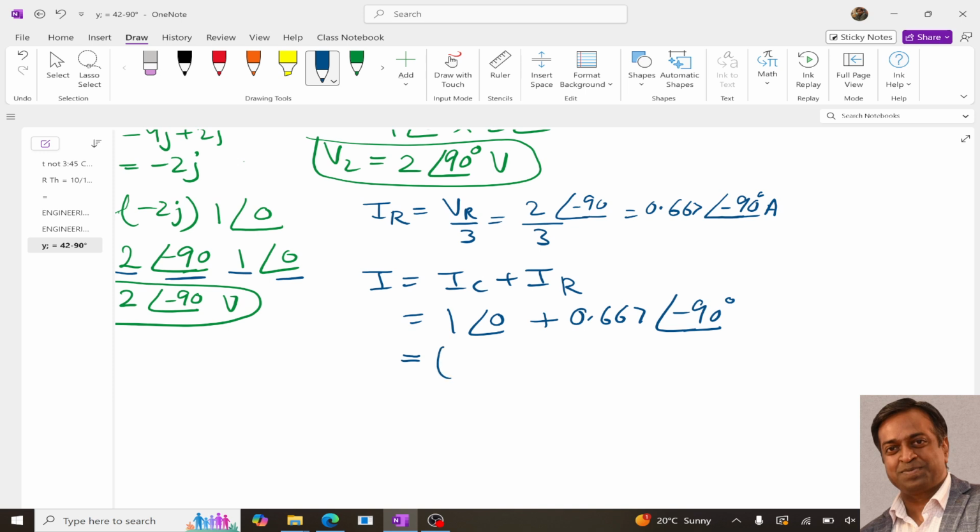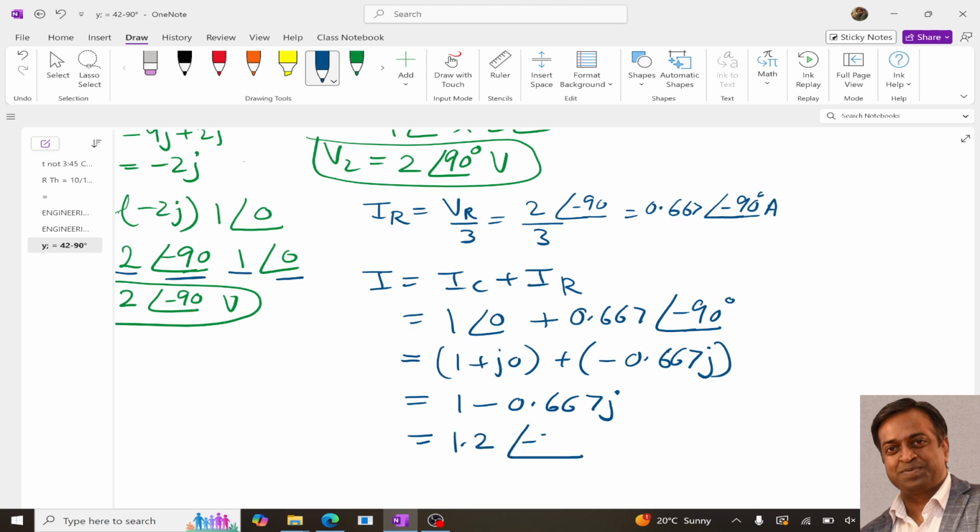This will be 1 plus j0, and this will be minus 0.667j. In all we get 1 minus 0.667j, and now converting it into polar form, we get 1.2 angle.